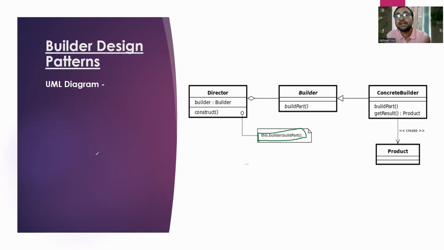Either you can call phone number first, then ID, then name. You can call them in any order. There is no fixed rule like ID needs to be called first, then name, then phone number, then mother's name. There is no particular order we have to maintain. That is the very good flexibility that the builder design pattern provides.